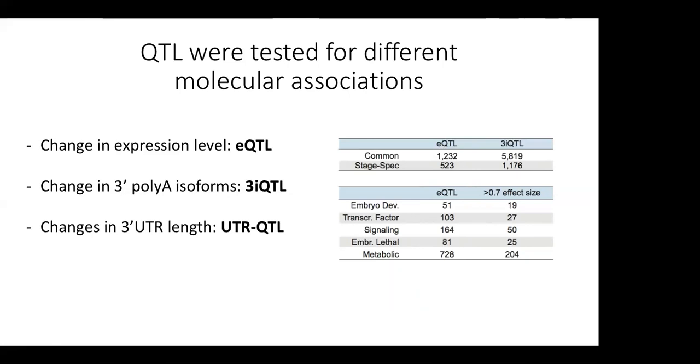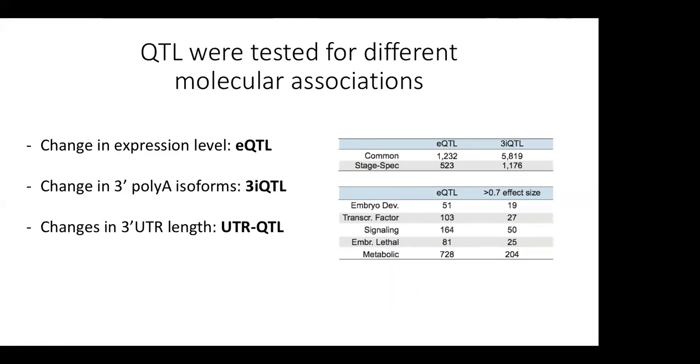We identified a bunch of common and stage-specific QTLs and 3' QTLs, so QTLs that affect the expression level of the gene or a specific polyadenylation isoform.